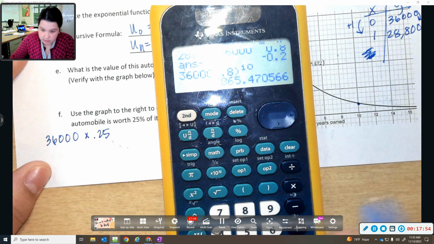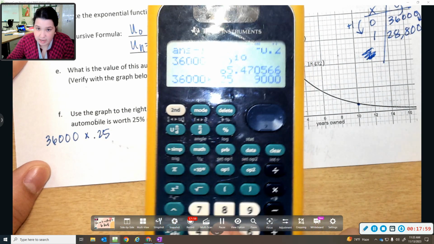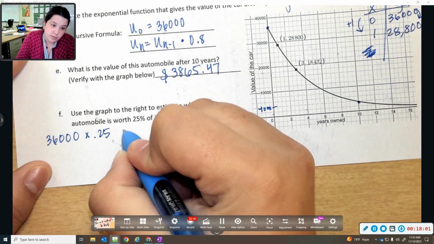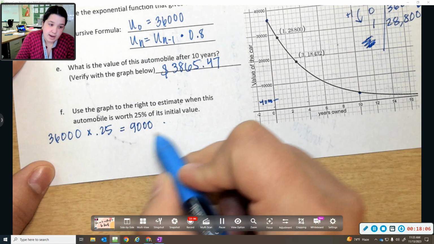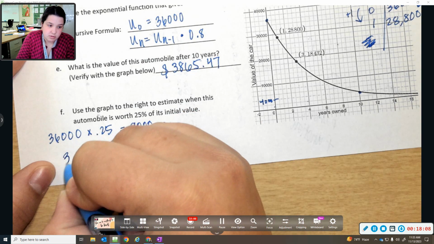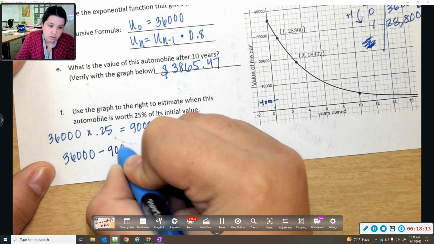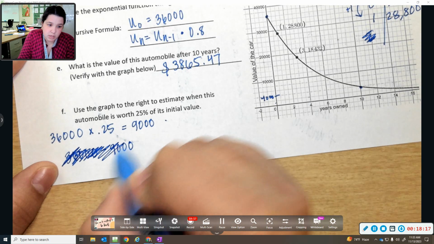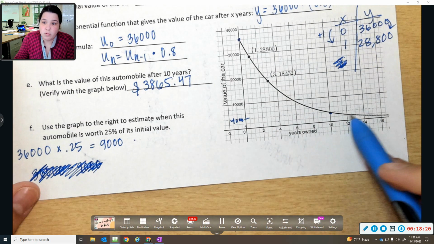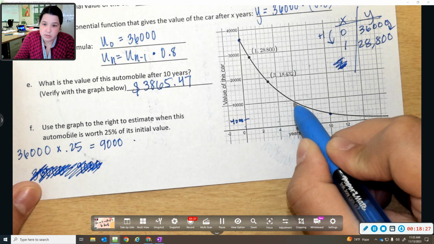So 36,000 times 0.25 is going to be 9,000. Oh, oops, no, we're not subtracting. Okay, so $9,000 right here. What year is that? That's at about 6 years.